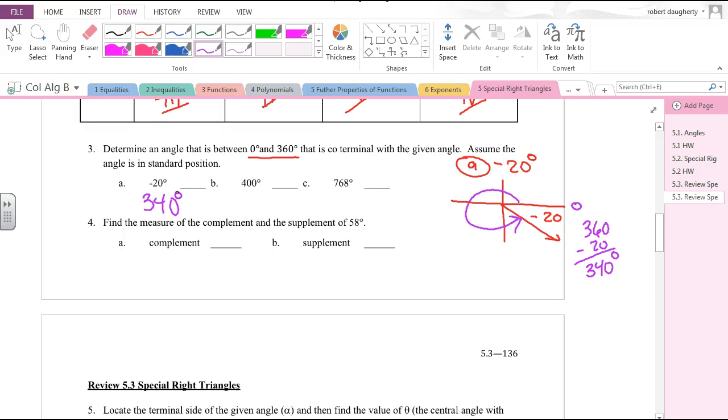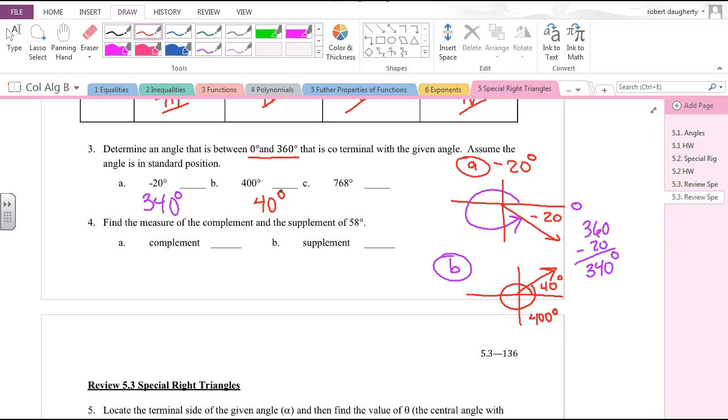Let's look at 400. So that is part B, a 400-degree angle. So a 400-degree angle, so if it goes around, that's 360 right there, and so it's just 40 more, okay? So this is my 400-degree angle. So it's 360 plus 40 is what that is. So that means a 40-degree angle is coterminal to 400.